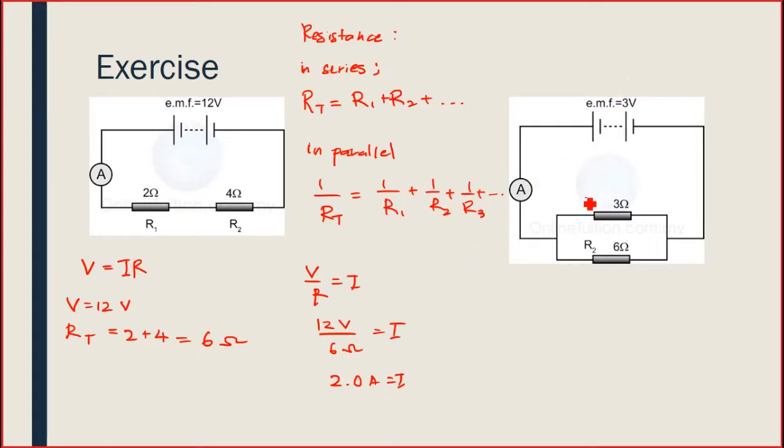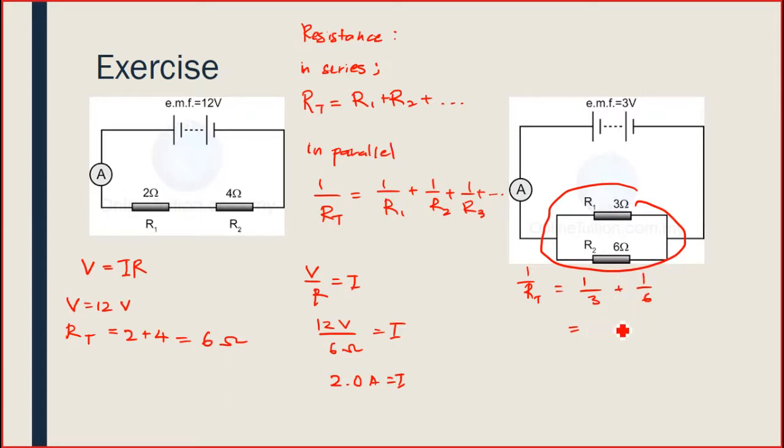Next we have this setup, which is a parallel circuit. You can reduce this first and find R total. To find R total, 1 over R total is 1 over 3 plus 1 over 6.